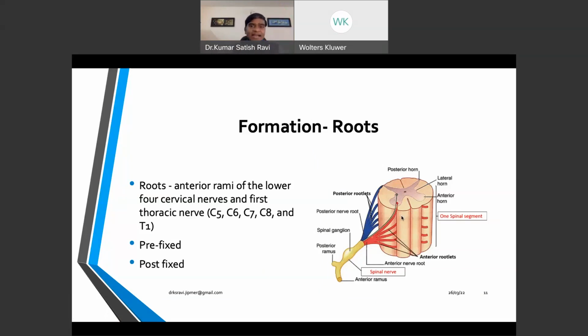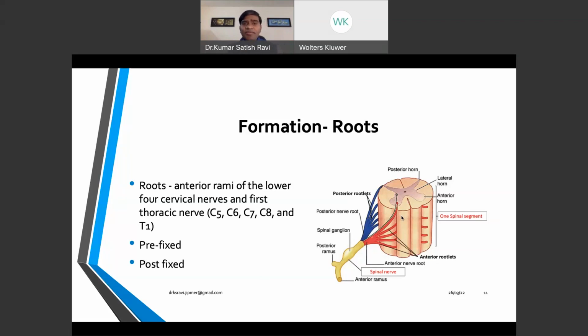It supplies the afferent and efferent nerve fibers to the chest, and then the shoulder, the arm, forearm, and the hand. So the upper limb and the shoulder girdle, apart from the pectoral region, will be supplied by the branches of the brachial plexus.